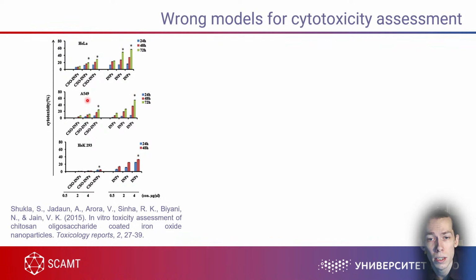Again, lung cells and HEK 293. HEK cells, it's partially epithelial, partially neuron cells from kidneys. Where are kidneys and where is brain? Where is brain and where are lungs? And HeLa is not human.